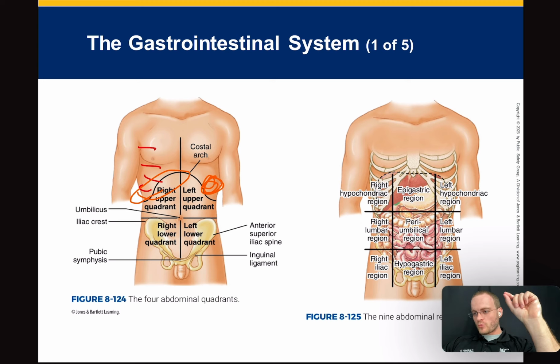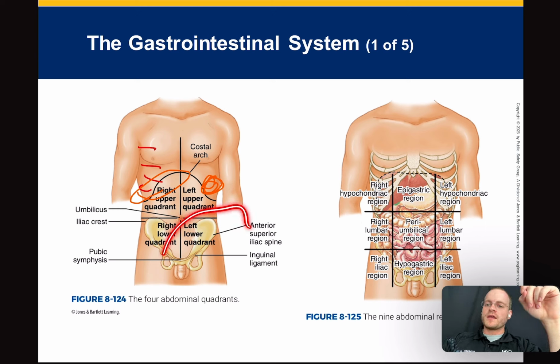But anyways, we should know that these are divided into quadrants. The reason this becomes important is because we like to know what's in each of these quadrants. For example, a 17-year-old male complaining of left lower quadrant pain, it's almost always what we call FOS, full of shit. They're constipated, typically, would be a very high diagnosis on your list.